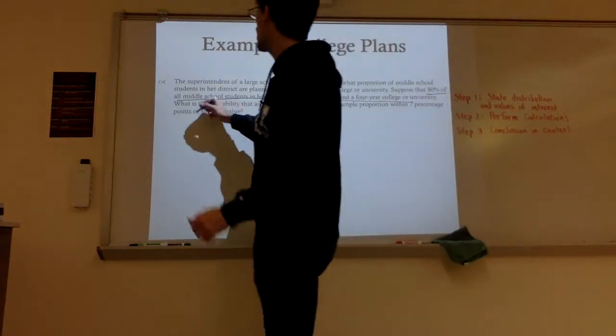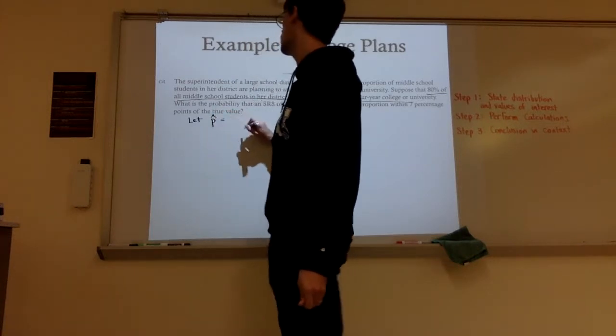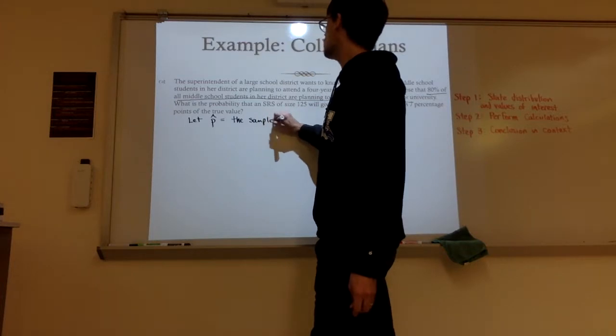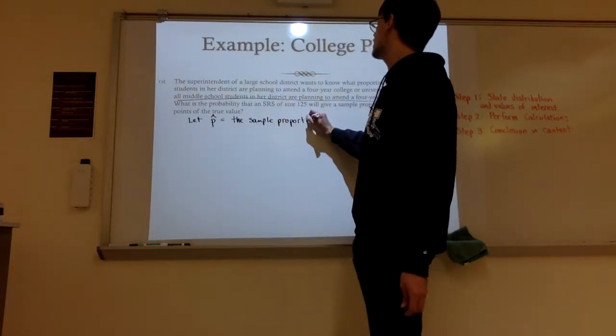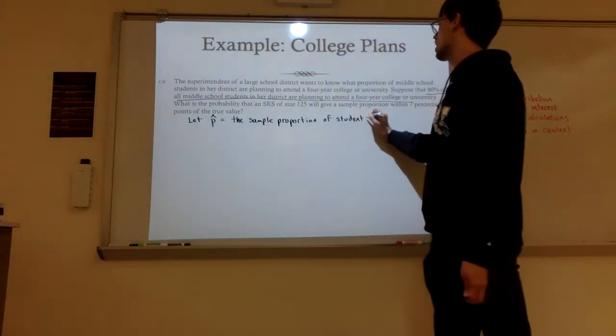So you actually do need to define your variable, and I'm going to let p-hat equal the sample proportion of students in the district who plan to go to college.